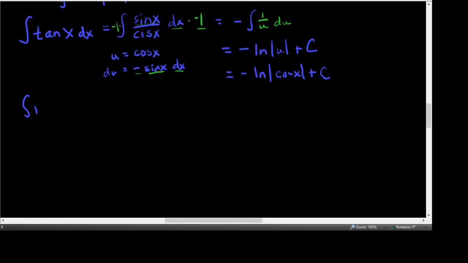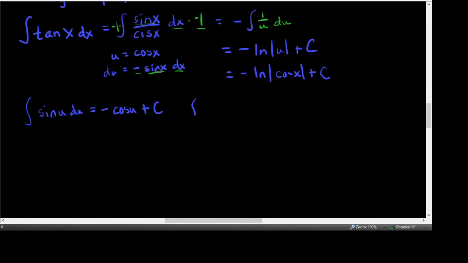The integral of sine of u. So this is a little bit stronger form because u can be any function of x, as long as we have the du behind it, using u substitution rules, is negative cosine of u plus c.